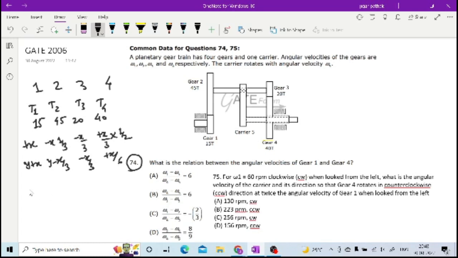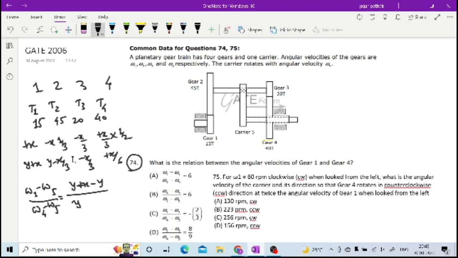So if you go for omega 1 minus omega 5, omega 5 can be considered as your arm, for which you can consider only y. So omega 1 minus y, omega 4 minus omega 5, that is y plus x minus y, divided by this y.